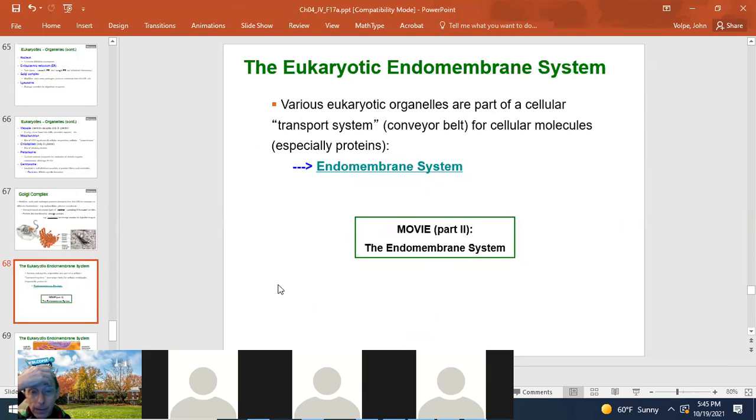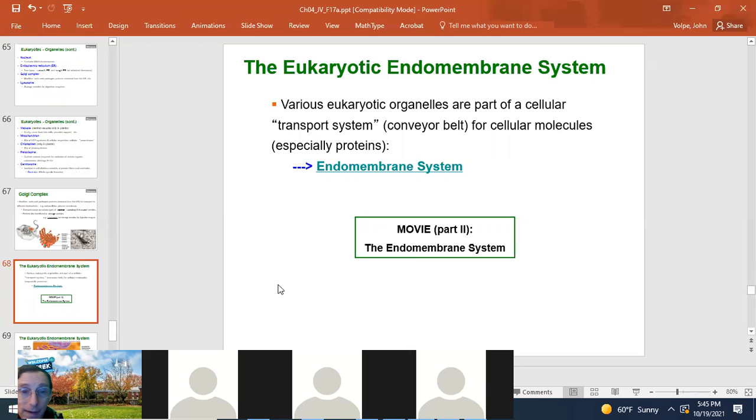All right, eukaryotes have an endomembrane system. This is a system set up by the cell to make contents, modify them, and then transport the contents to their final destination.